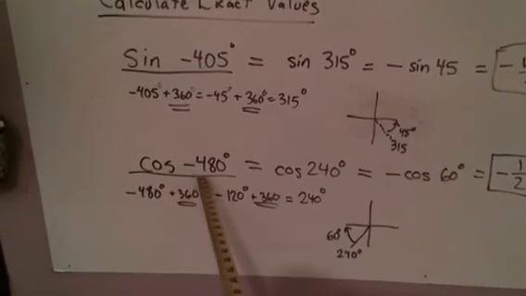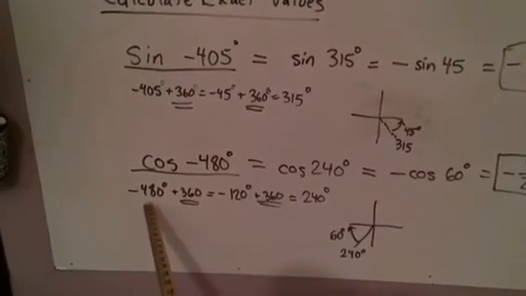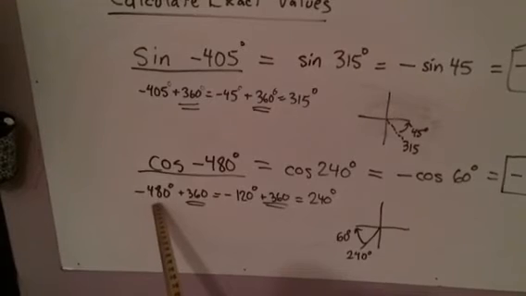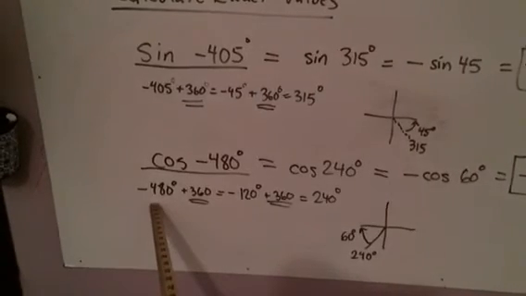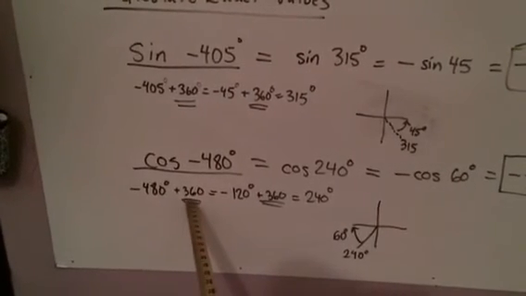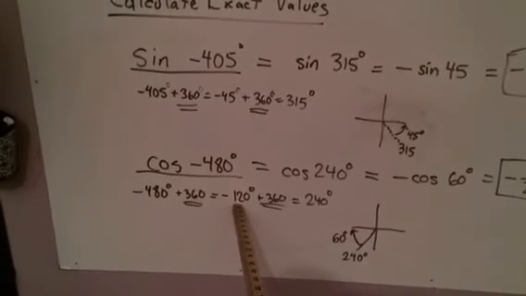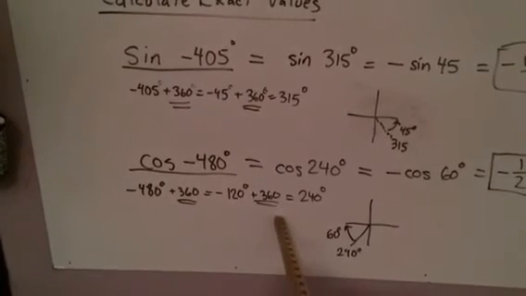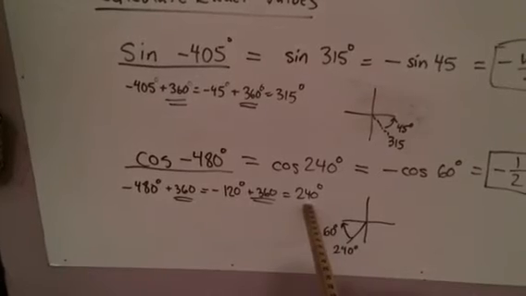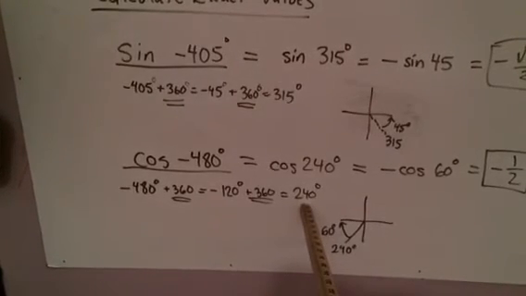For cosine of negative 480 degrees, we need to convert the negative 480 degree angle to a number between 0 and 360. So we add 360, we get negative 120. We add another 360, now we're in between 0 and 360 at 240 degrees.